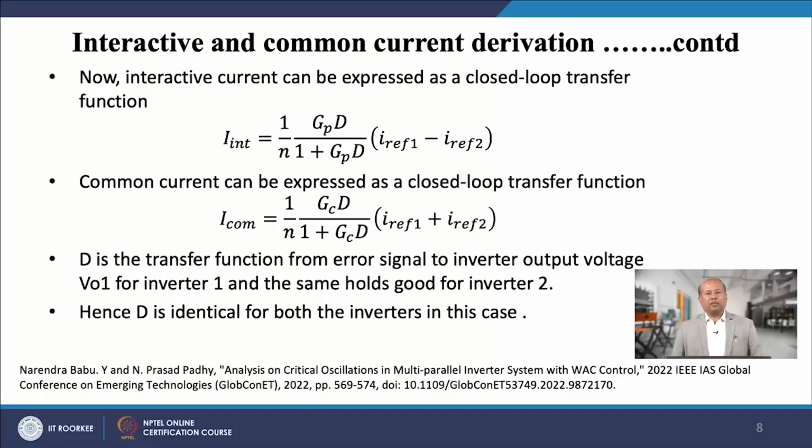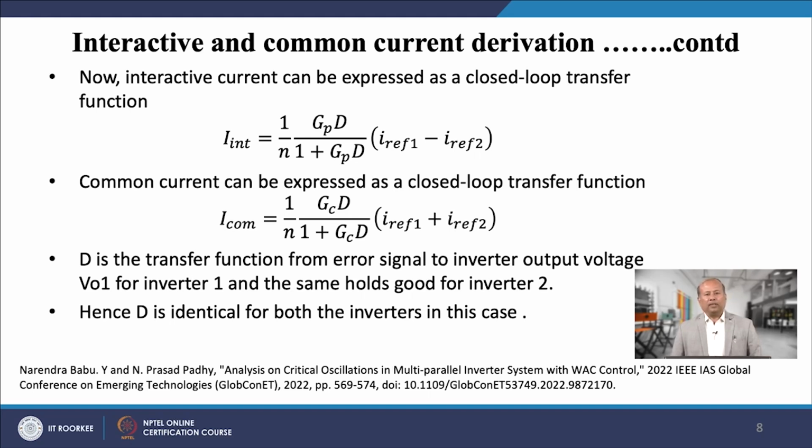By doing so and performing some rearrangements in the equations, we can get the expressions for interactive as well as common currents as shown in the slide. Here D is the transfer function from error signal to inverter output voltage VO1 for inverter 1, and the same holds good for inverter 2. Hence, D is identical for both inverters.